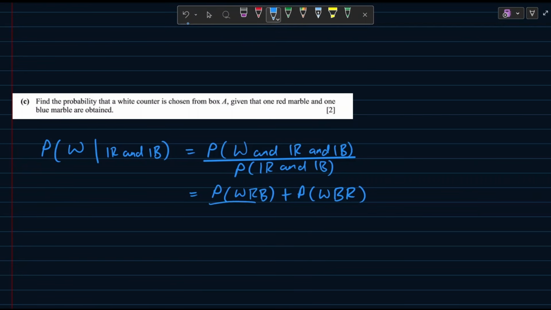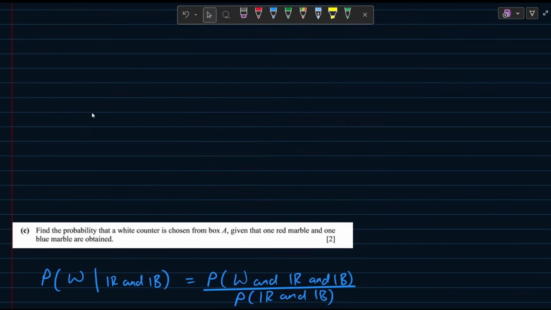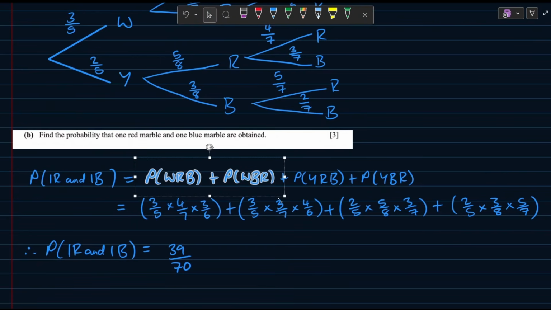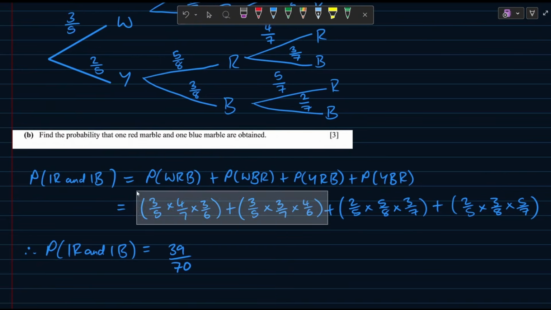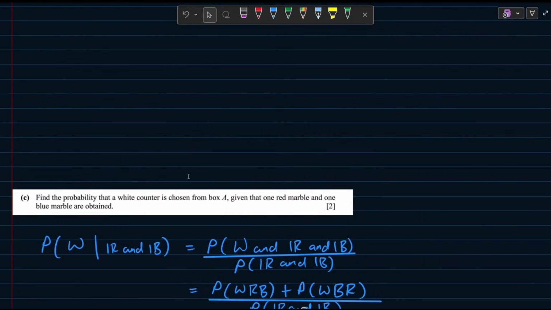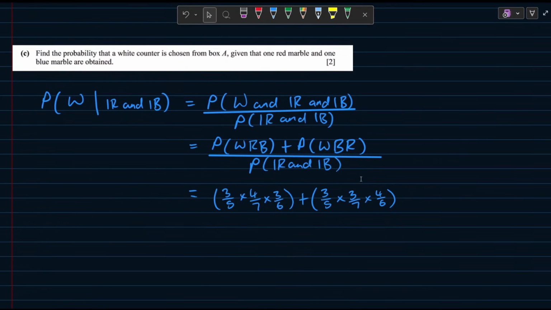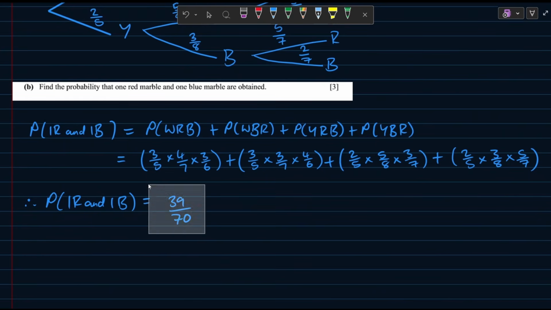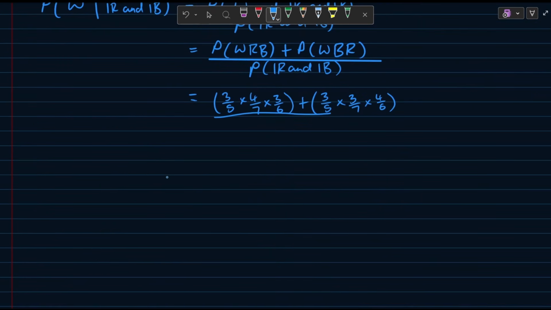That's divided by the probability of 1 red and 1 blue, which we evaluated in part B. Our numerator, we also did this working in part B. So this is our numerator, which is these first two brackets, divided by 39 over 70. We can punch that into the calculator, and that should give us the probability of white given 1 red and 1 blue.